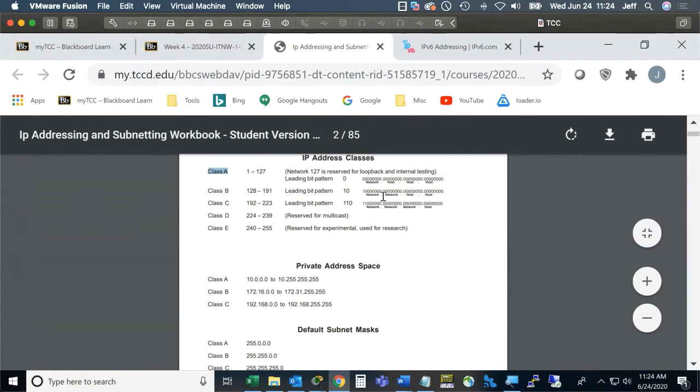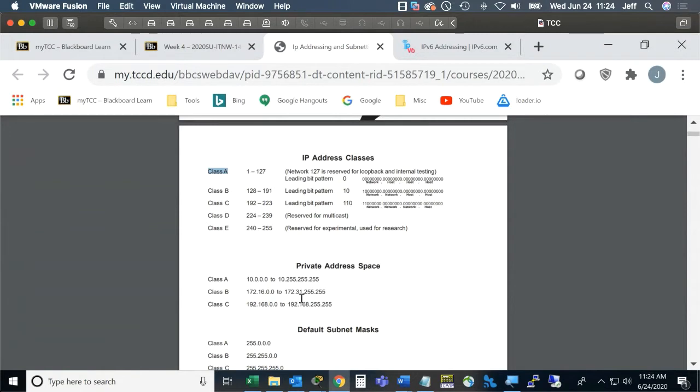Class B networks use the first 16 bits, or the first 2 digits, so 172.16 or 172.31 are different networks because these first 2 digits are different, and so they use the first 2 digits to recognize the network. Whereas Class C uses the first 3 digits, or the first 24 bits.